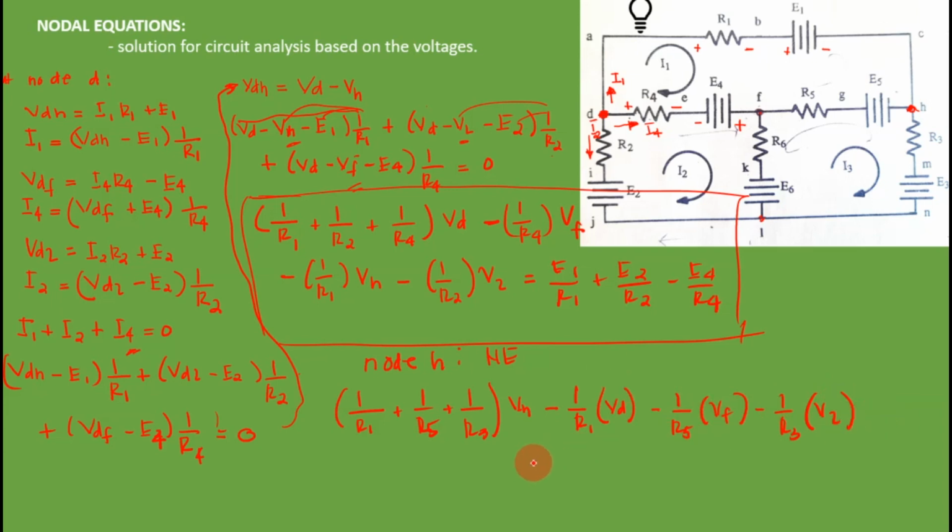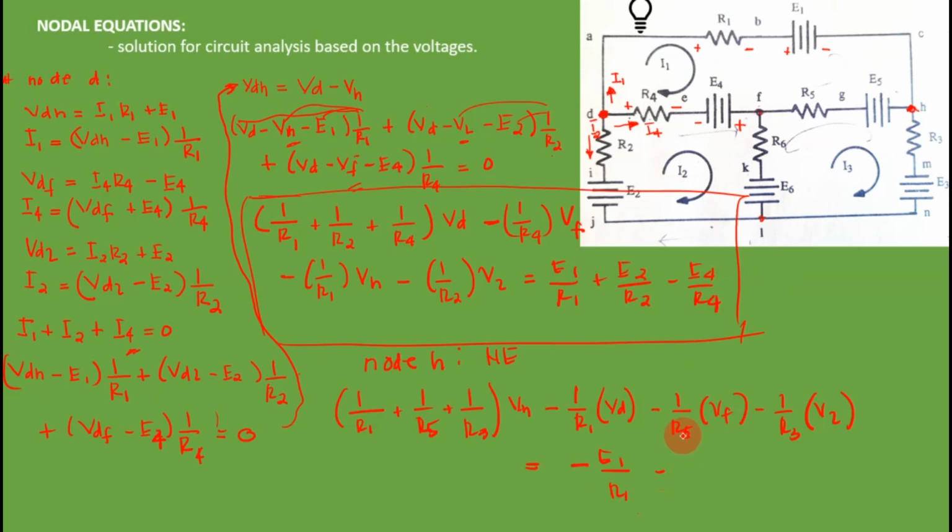Okay, equals, you have E1, and since this is opposing, this is assumed to be positive, so this is negative, so that will be negative. So E1 all over the resistance at that branch, which is R1, and here also negative.